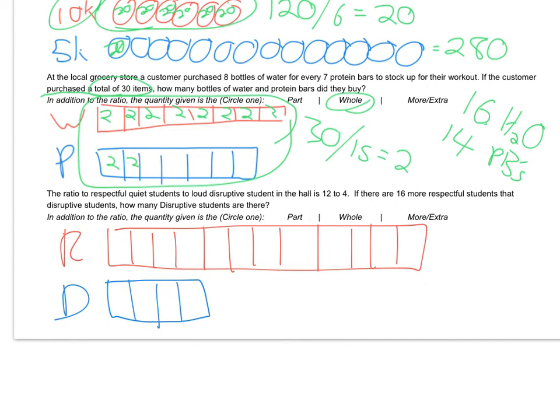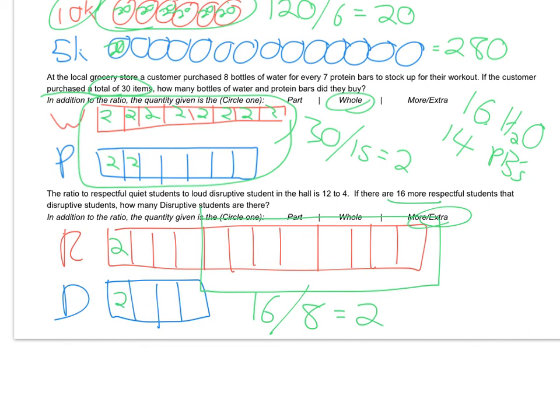If there are 16 more respectful students, so the respectful, this is a more problem because it says 16 more. So these represent the more. There are 8 more pieces of the respectful. So that would be when we have 16 students divided by those 8 sections equals 2 per section.